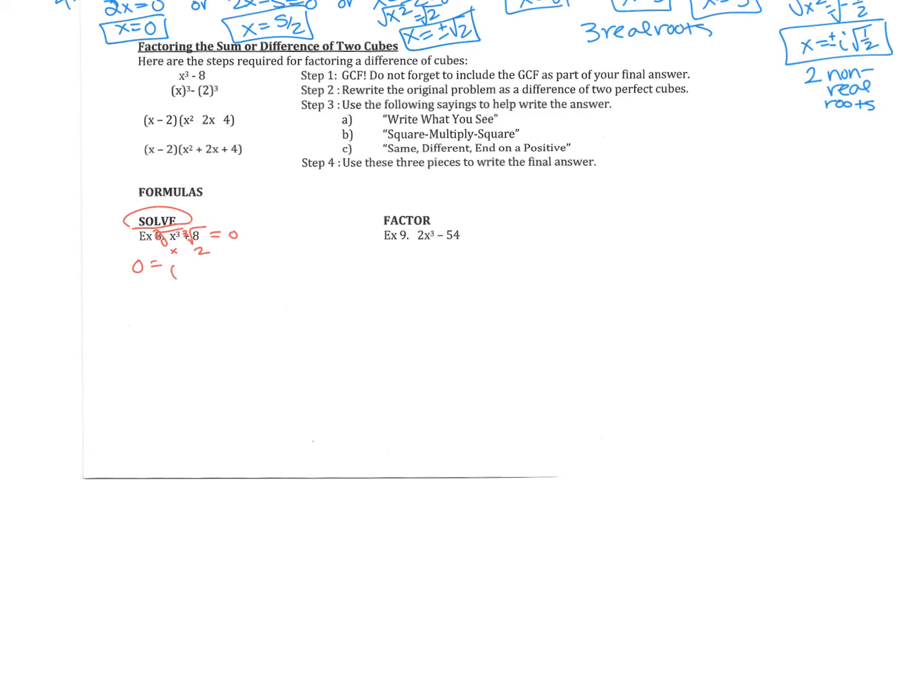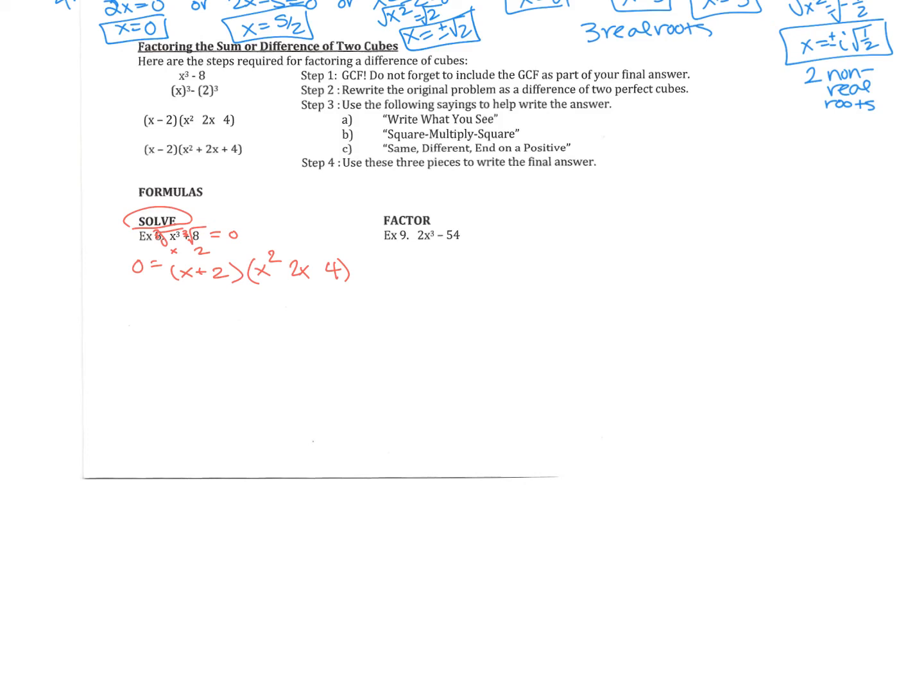And so in my first parentheses, I'm going to have the x and my 2. I'm going to have what I see, which is the sum. It was the sum of 2 cubes. In my second set of parentheses, I'm going to have the square of my first, which is x squared. I'm going to have the square of my second, which is the 4. And in the middle, I have their product. So that would be 2x in this case.